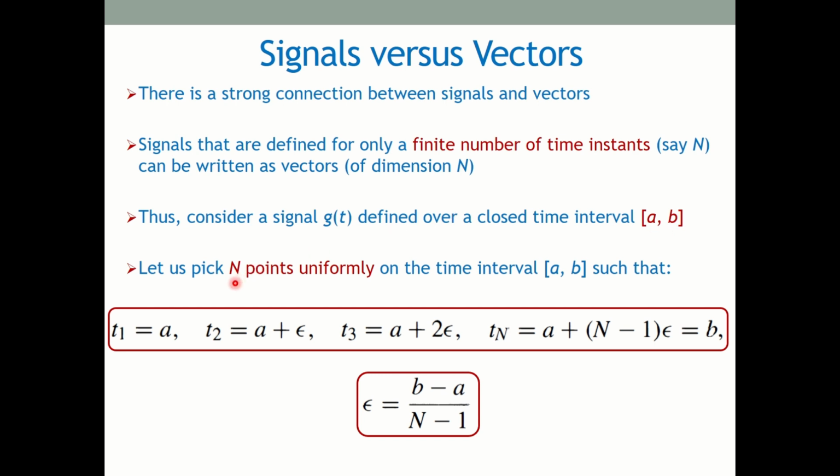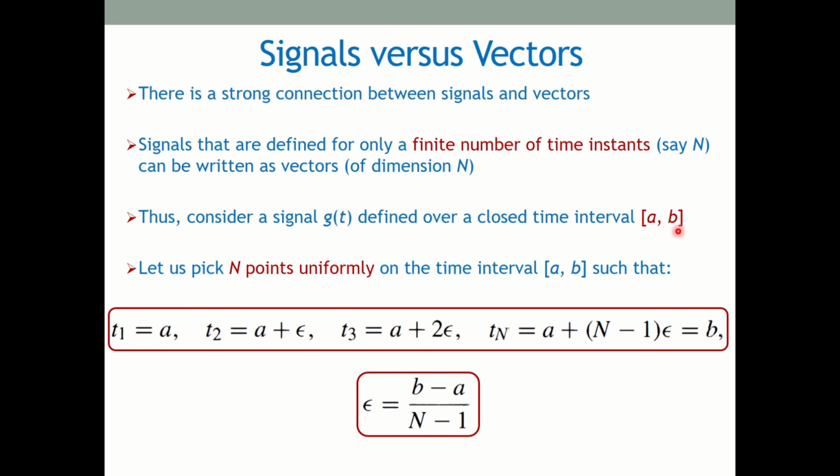Now, since we have only n points between these two time instants a and b, these points are uniformly distributed in the time interval ab, such that we have t1 as a. The next time instant t2 has an incremental quantity epsilon added to a, and this goes on until we have tn, which is a plus (n minus 1) times epsilon. So that would be the final point b.